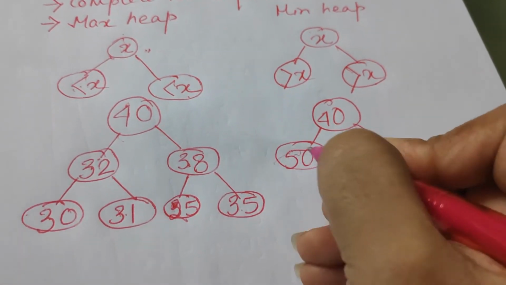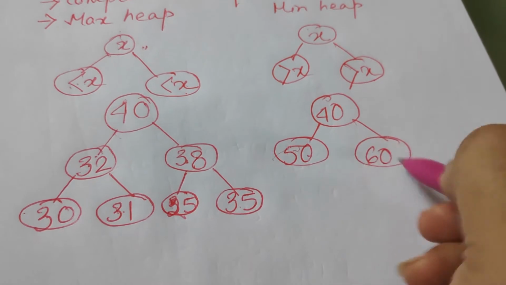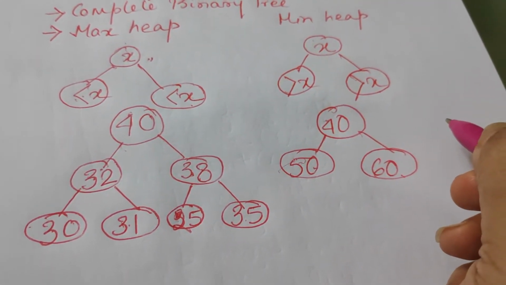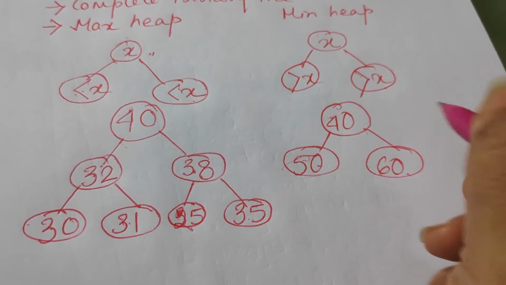So suppose 50 and 60. So 50 and 60 both are greater than 40, so they can be the child nodes of 40.